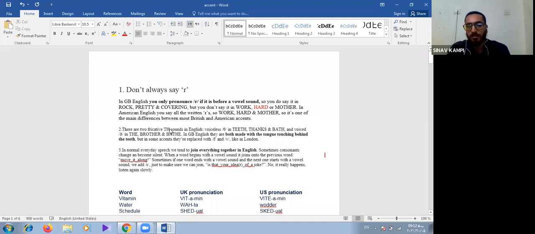Now, a tip for this one, first in British, sometimes we replace the TH with letters F and V, in some accents, like in London accents, in Northern British accents, you replace the TH with F and with V.